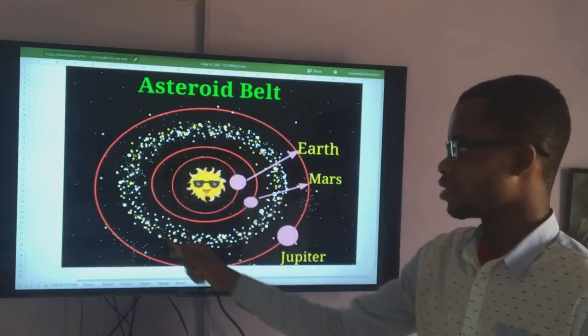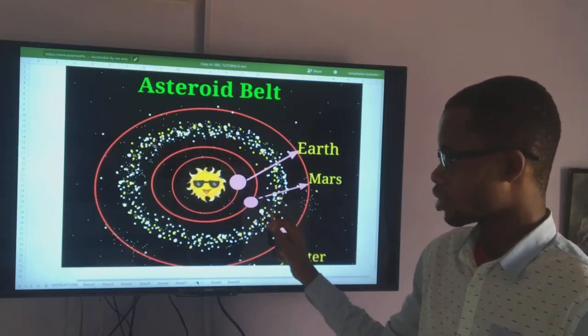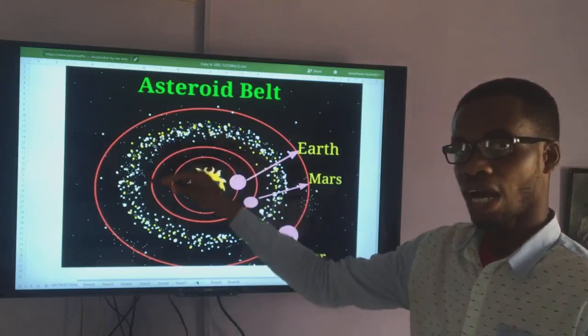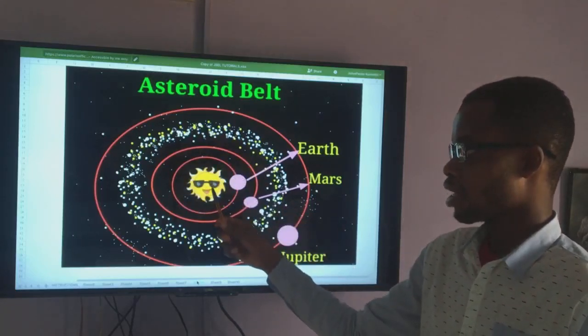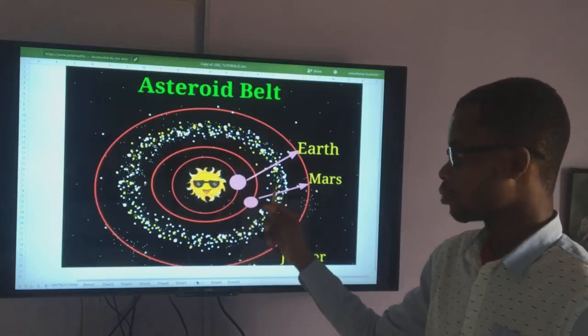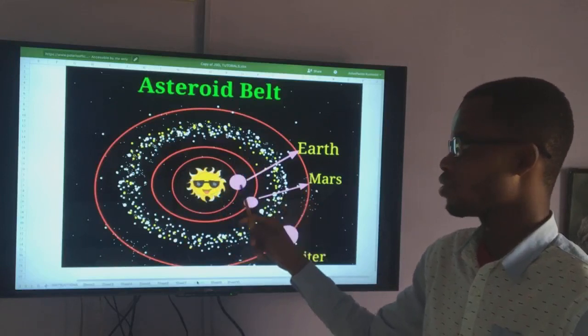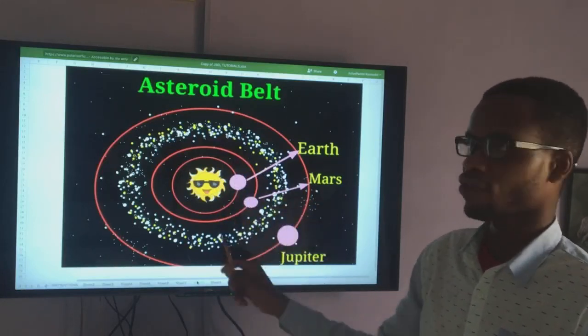Any of these could move from their position wherever they are, because they are hanging in the solar system, and anything can happen. If the sun's solar flares or energy pulls any of these and they lose their path, they could crash into any of the planets.